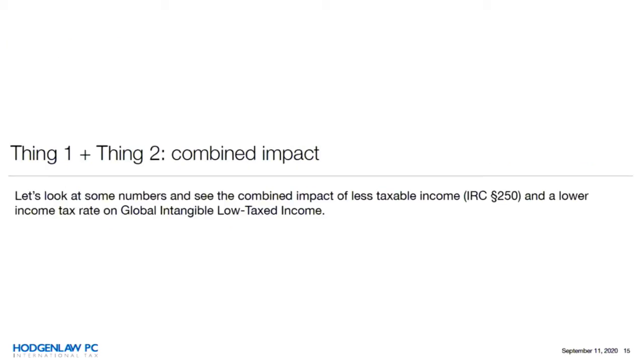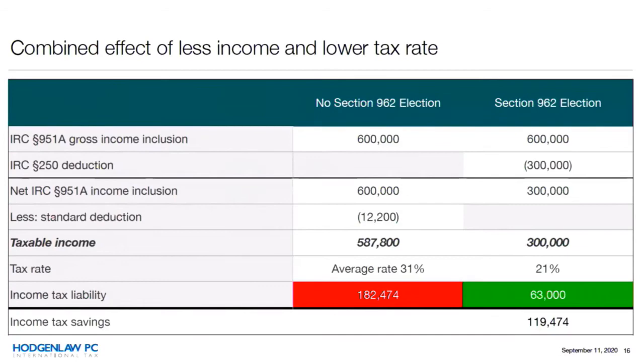So those are the simple ones, just an arbitrary change in the tax rate and an arbitrary change in the amount of taxable income. So let's look at the two of them together and see what the impact is. And you look at this and say, ooh, shiny. So let's look at the Section 962 election and no Section 962 election.